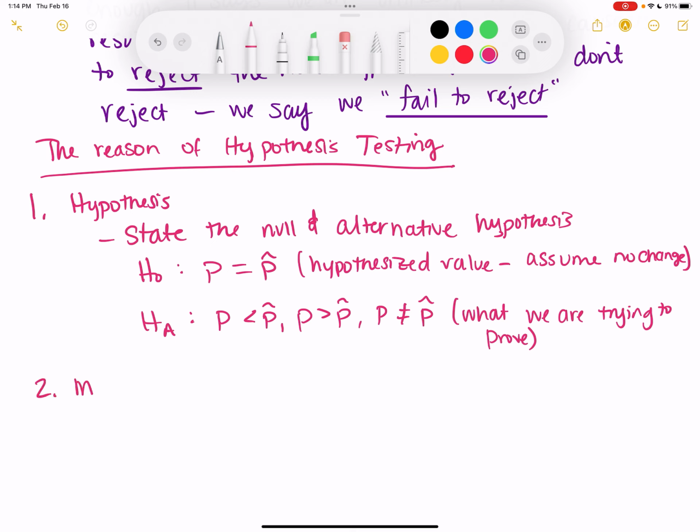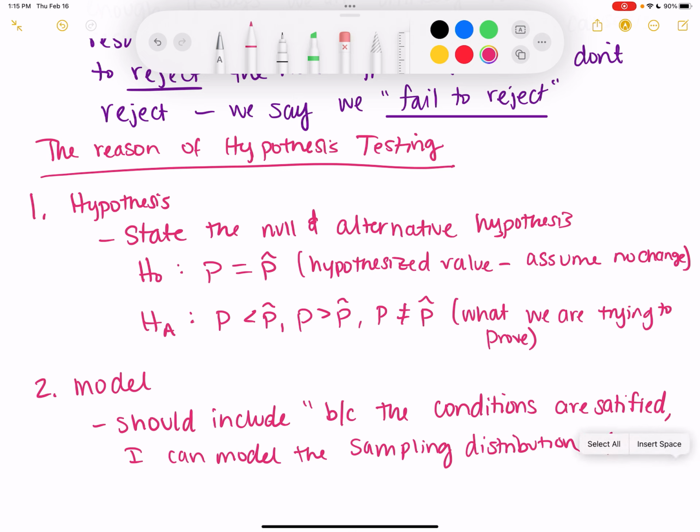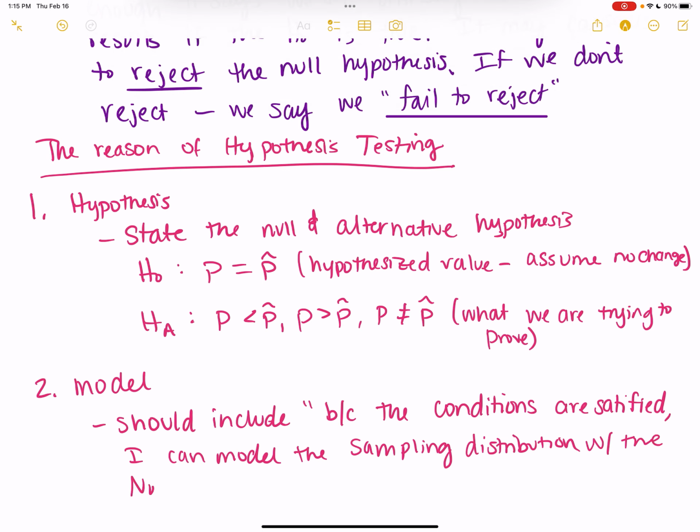So then we model it. And this should include something like, because the conditions are satisfied, I can model the sampling distribution with the normal model N of mu and sigma.